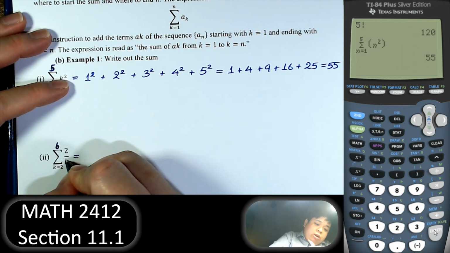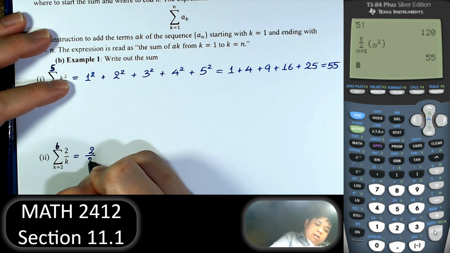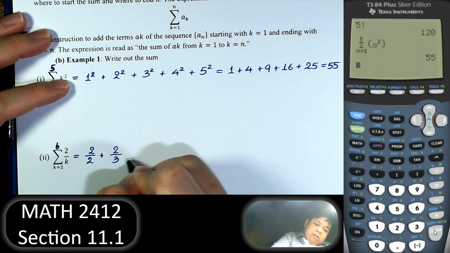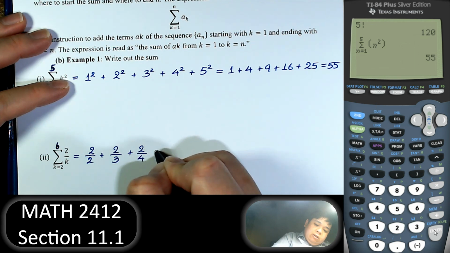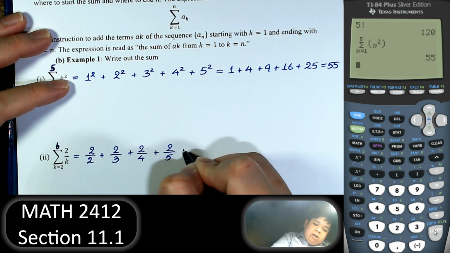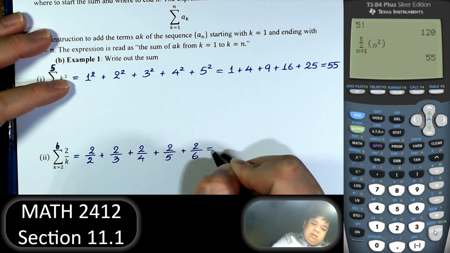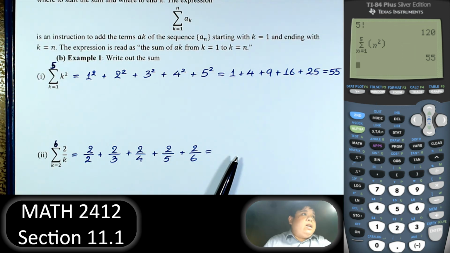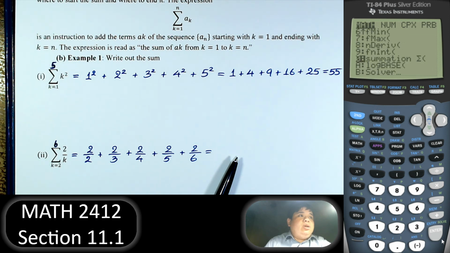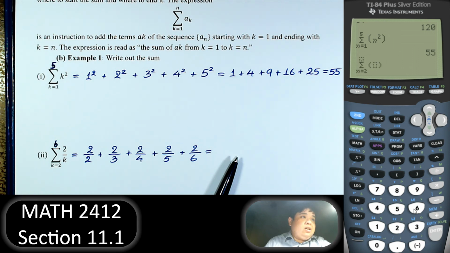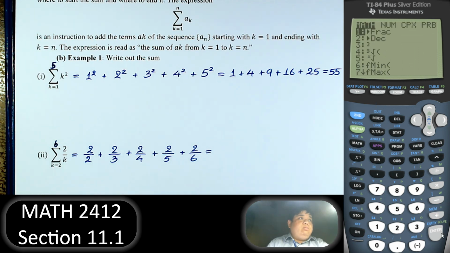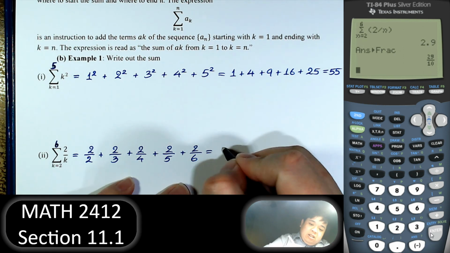So we put 2 in the lower limit first, and then just keep increasing until we have the upper limit. So we just do that, or we use the calculator. Summation that goes from 2 to 6 of 2 over n. Convert that to fraction, 29 over 10.